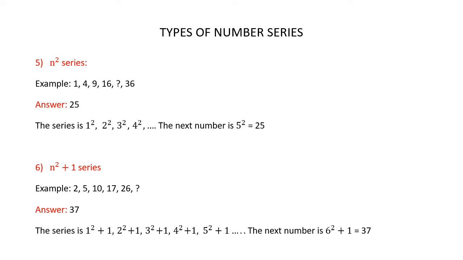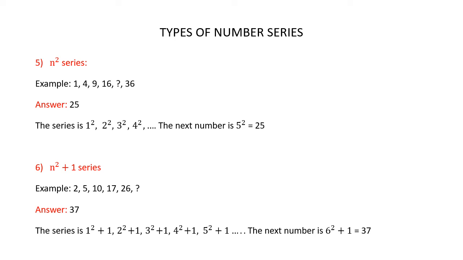The next series is n squared plus 1 series. Let's understand this with an example. Look at this number series 2, 5, 10, 17, 26, question mark. You have to find this missing number.